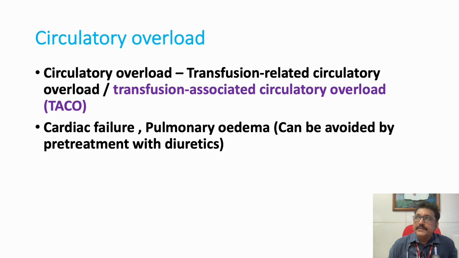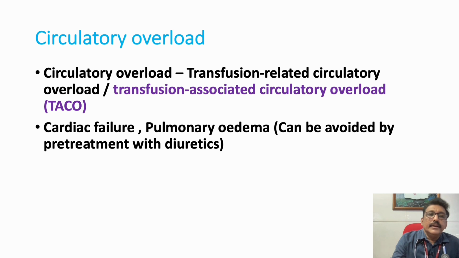The body tries to compensate for that anemia. On top of that, if we give blood transfusion without giving adequate Lasix or furosemide, the patient can go into a fluid overloaded situation. They can have cardiac failure, pulmonary edema, breathing difficulty, hypoxemia, circulatory collapse. All these things can occur.